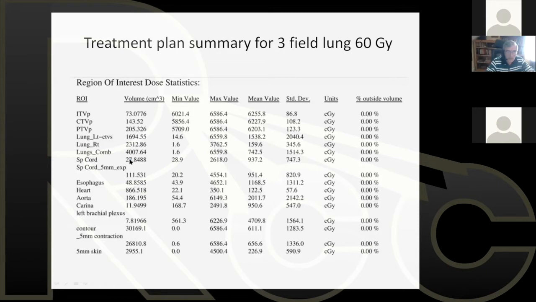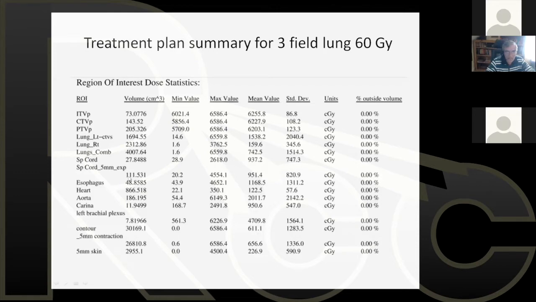The cord volume was 27.8 cc's. It had a minimum value of 28.9, and that's in centigrade. It had a maximum dose of 26.18, so very, very low dose to the spinal cord because our limit is always 45 gray. So that's good.